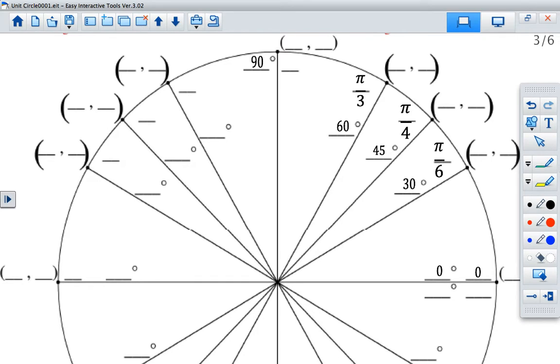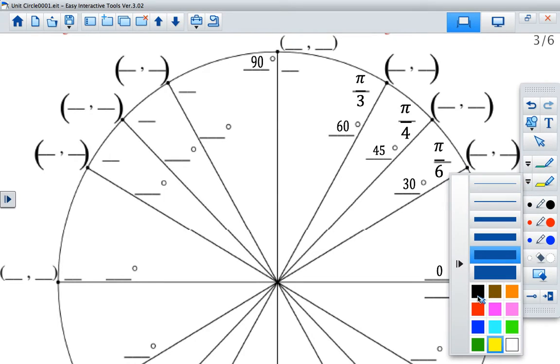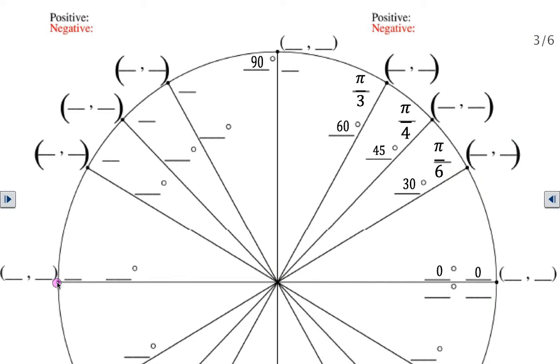So the first thing that happens is you break the unit circle into quarters. Here, just a line straight this way, that's halves, and then a line straight down, your x and y axis. You've broken the unit circle into quarters.